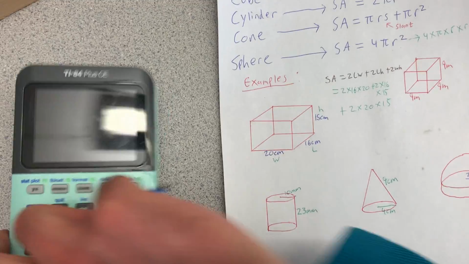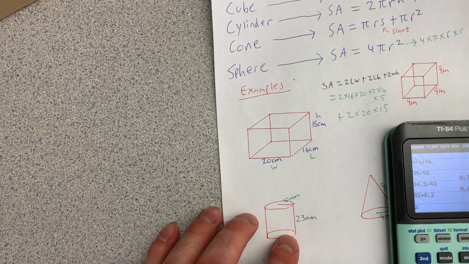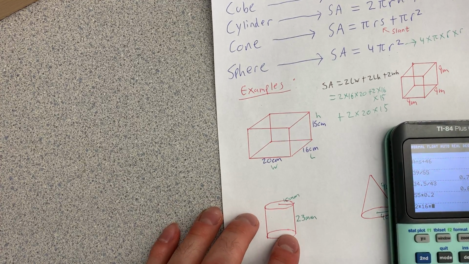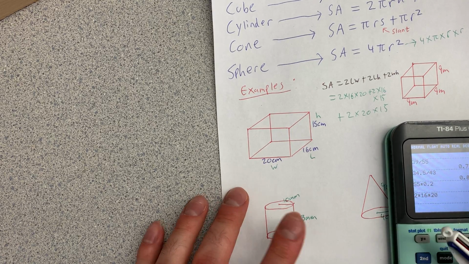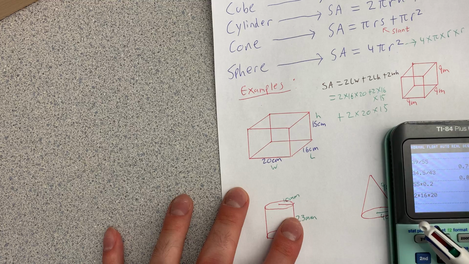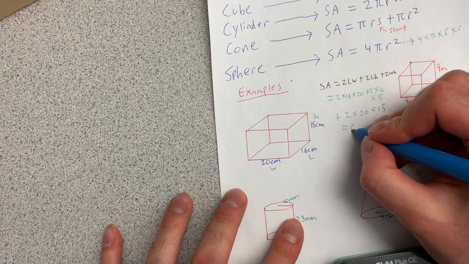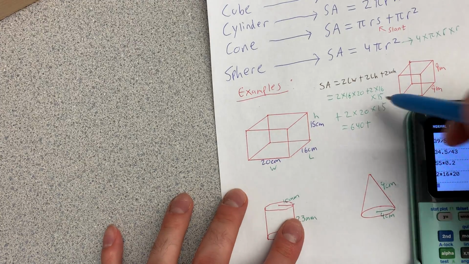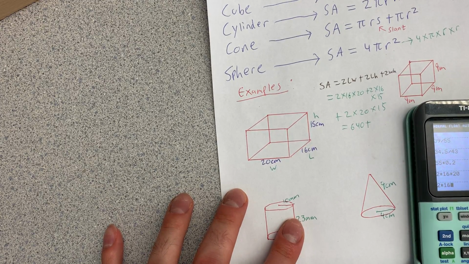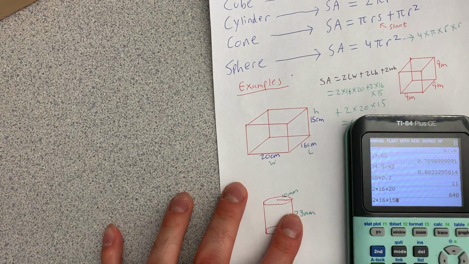So let's get my calculator here. 2 times 16 times 20, that is 640. Just double checking. Yeah, that's right. So 640 plus, because I'm going to have another number next, 2 times 16 times 15.